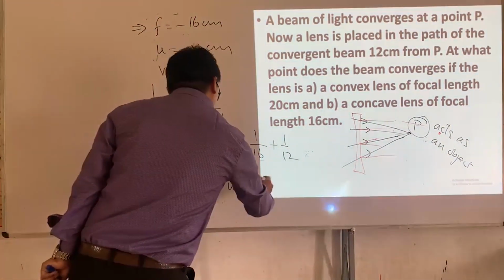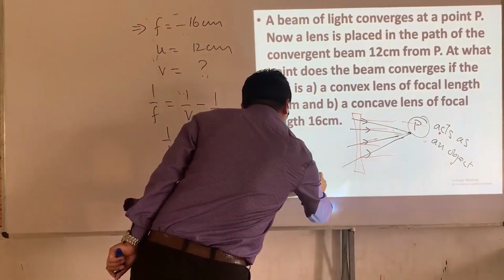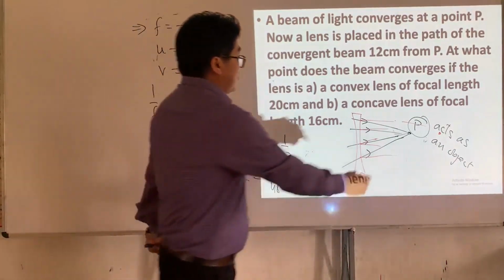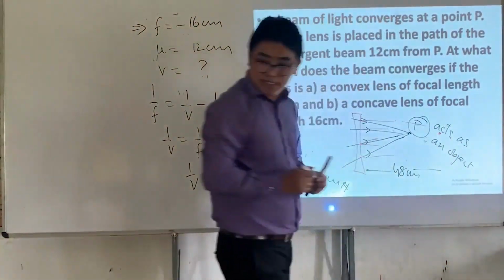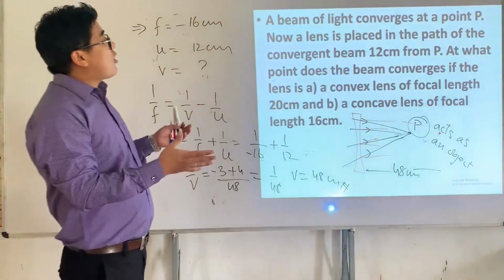Alright. This is going to be 1 by 48. So therefore V is going to be 48 centimeters. And that distance is going to be 48 centimeters.